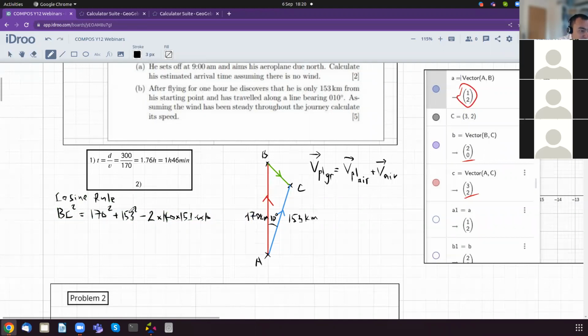And so BC squared is going to be 1079. So the speed of the wind is the square root of 1079, which is 32.9 kilometers per hour.